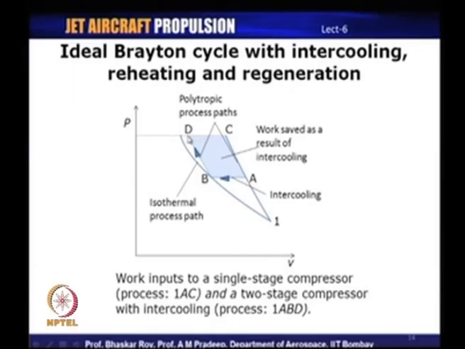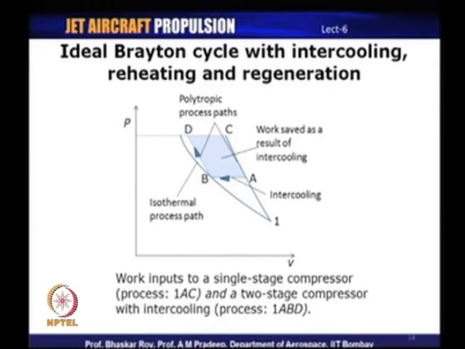And this is a tremendous amount of work that can potentially be reduced by splitting the compression process into several stages and applying intercooling between them. So, intercooling is one way in which we can increase the efficiency of a cycle by reducing the work required for a compression process, by approximating it to an isothermal process as much as possible.